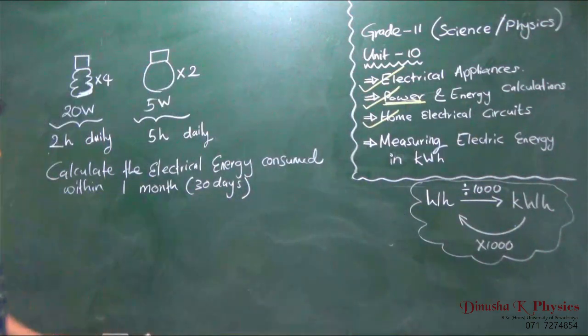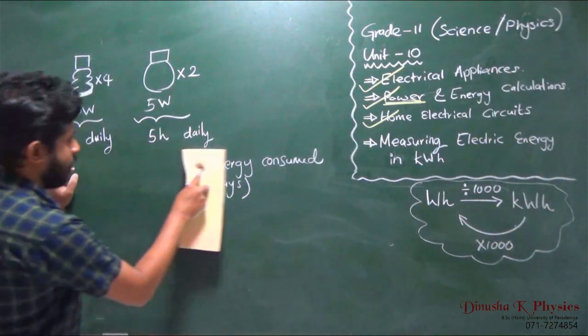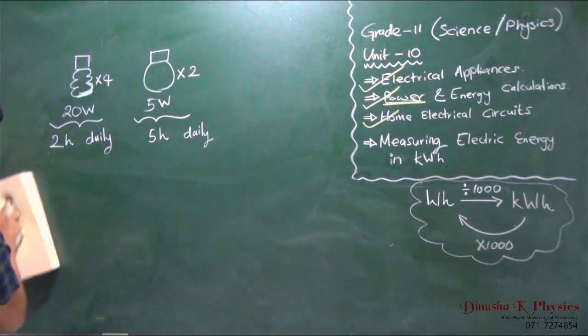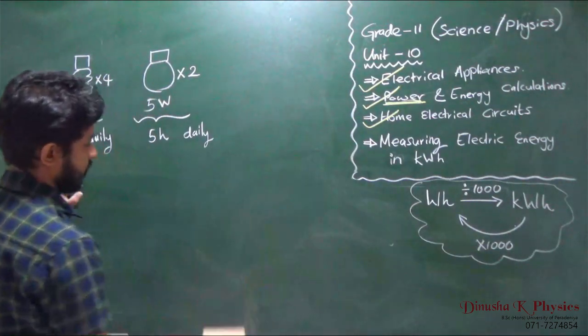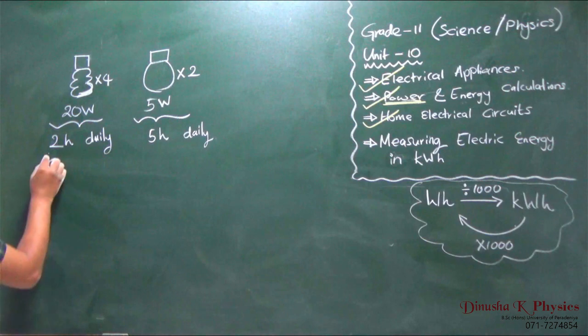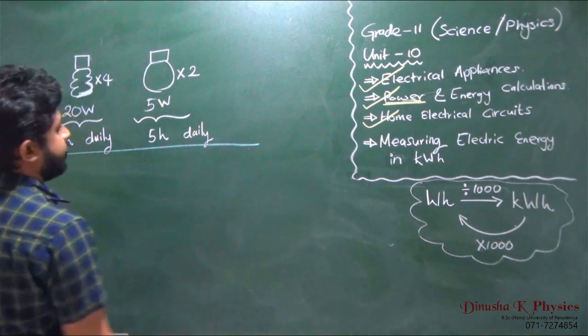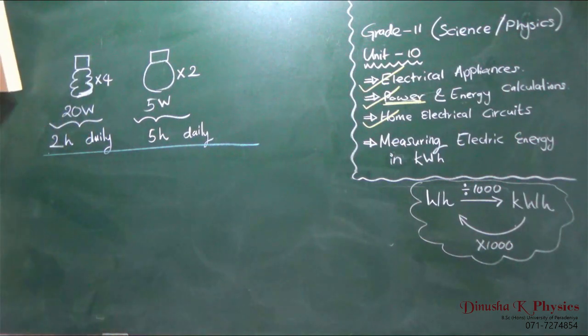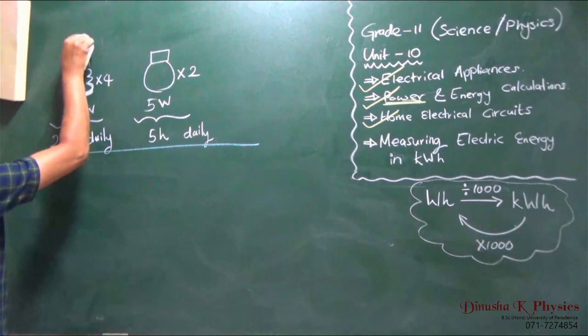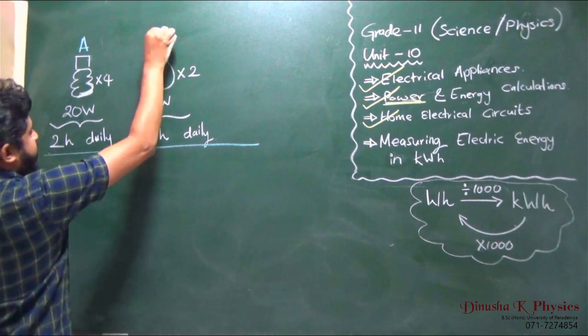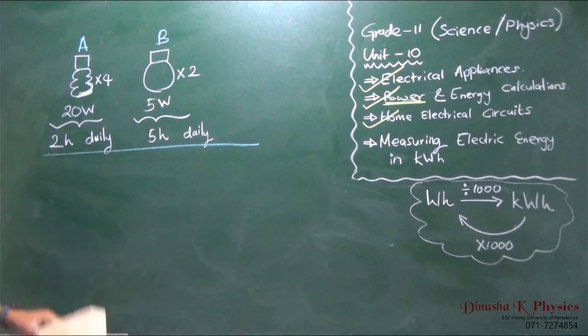So I will erase this part. I will number these bulbs as A and these bulbs as B. ලේසීමට එතකොට.